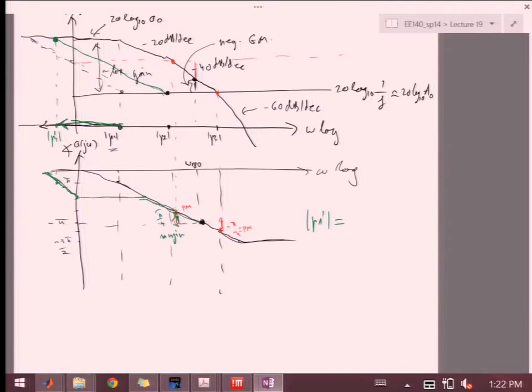Any takers? Guesses? We want to use P2 as a reference, right? So from P2 we want to move. By how much do we move?